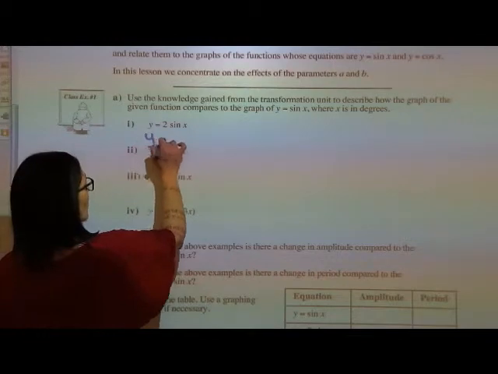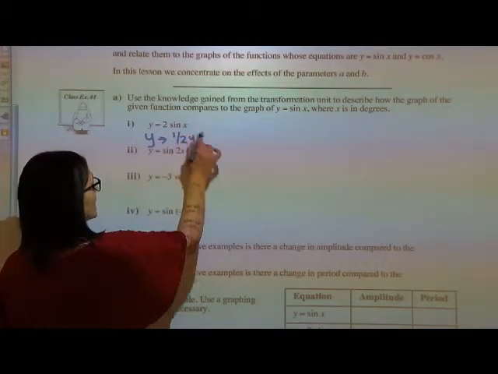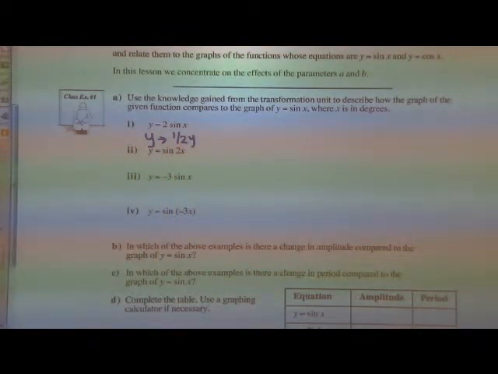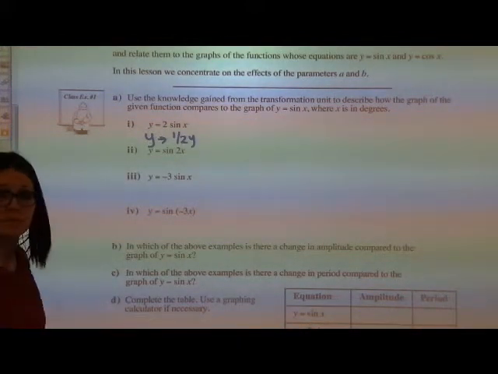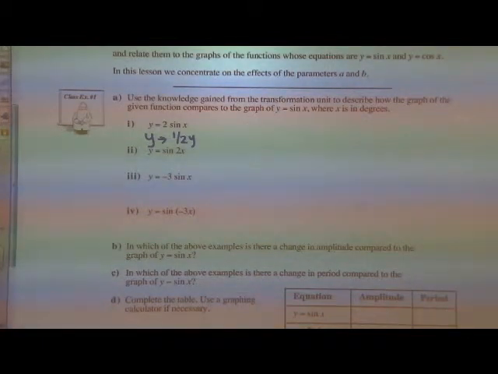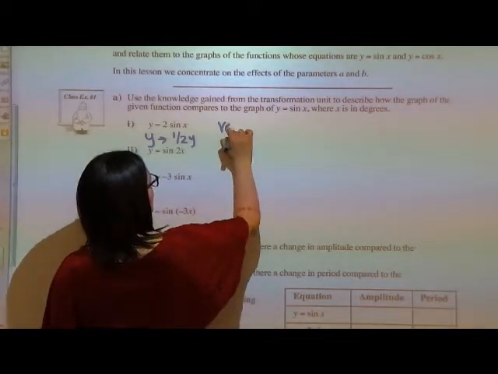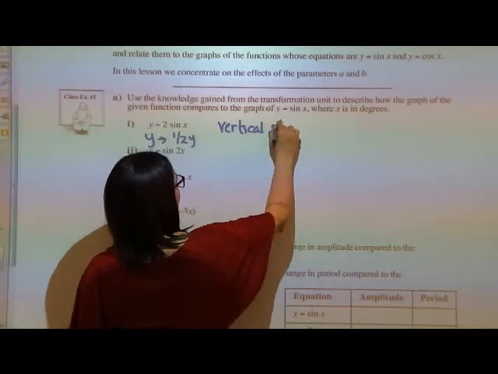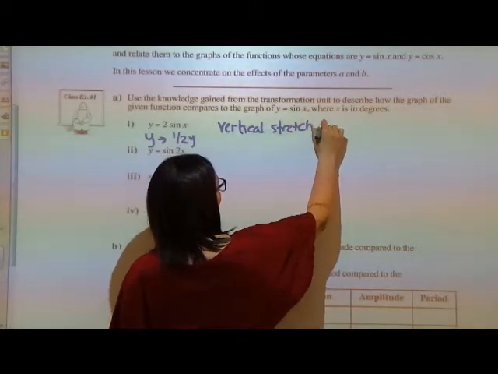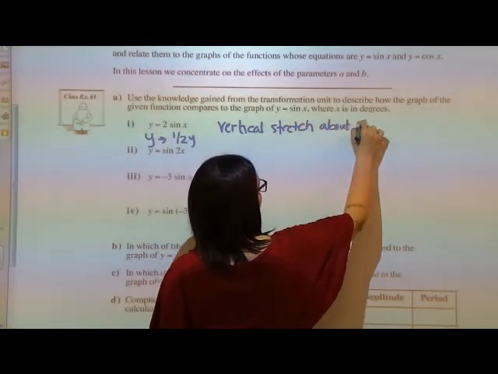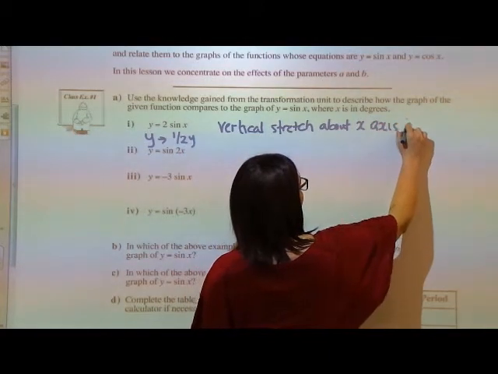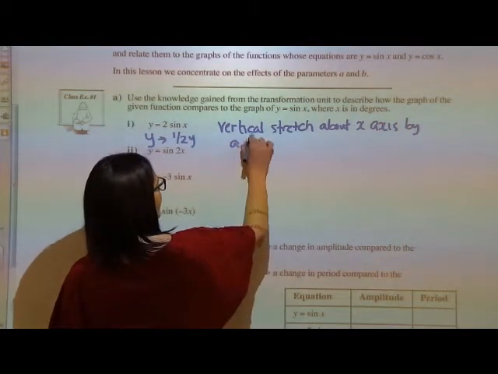I replaced y with a 1/2 y, because that 2 was actually on the other side. So if I replace y with a 1/2 y, what transformation am I making? A vertical stretch by a factor of 2 about the x-axis. So vertical stretch about the x-axis by a factor of 2.